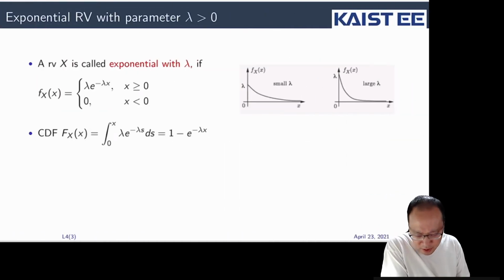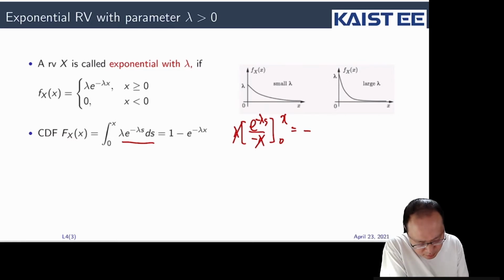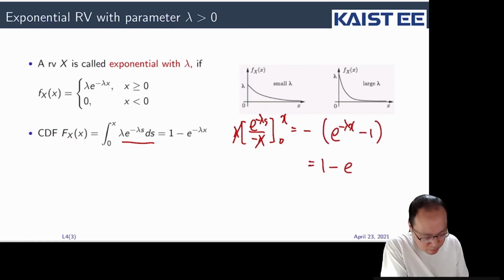We're interested in the CDF, which is an integral from 0 to x of this PDF. If you do that, with very basic integration, you get 1 minus e to the minus lambda x.